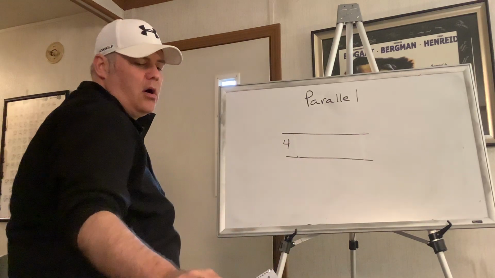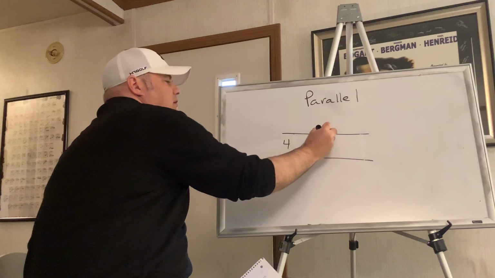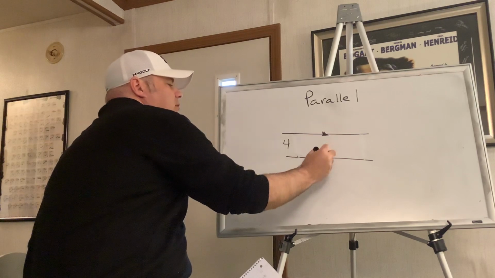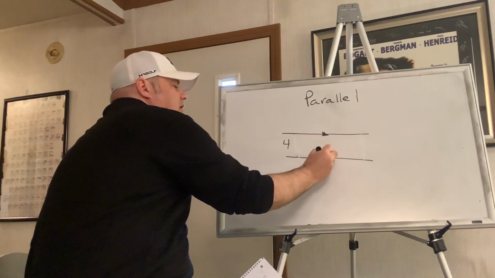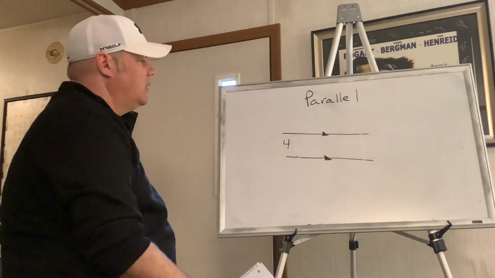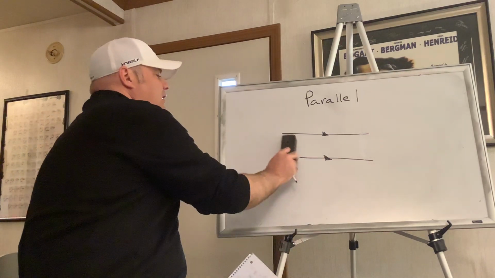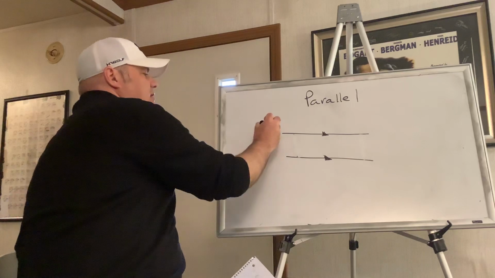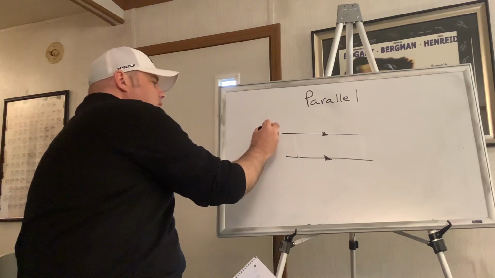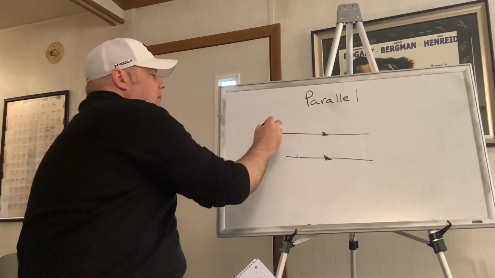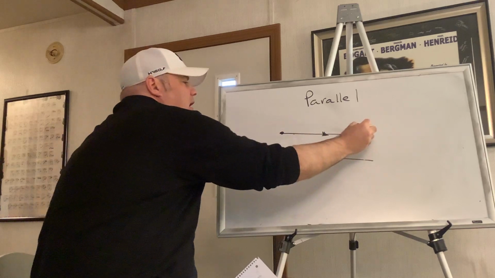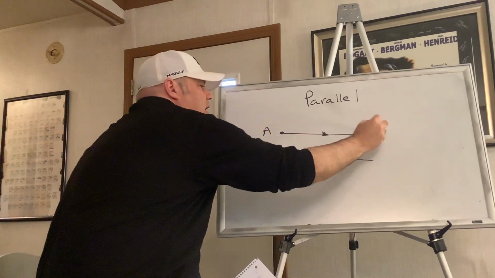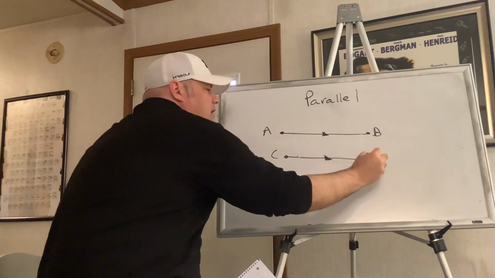One way that they will mark parallel lines is they'll put these little filled in arrows, almost like markers, to let you know that those are parallel. Another way that they can indicate that lines are parallel is, let's say that's line AB, and this is line CD.